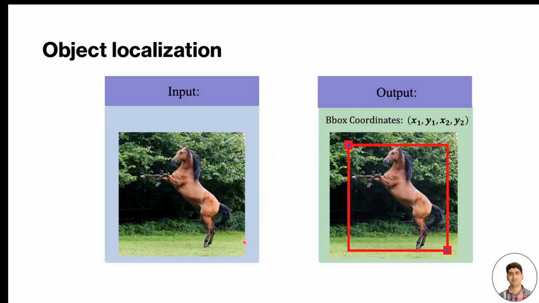So given an input image like this, object localization will provide the bounding box around that object, and this bounding box is represented with 4 values, x1 and y1 for the coordinate of the top left corner, and x2 and y2 for the coordinate of the bottom right corner.